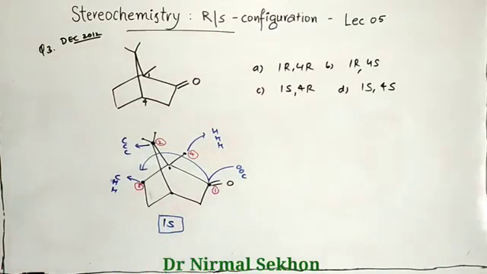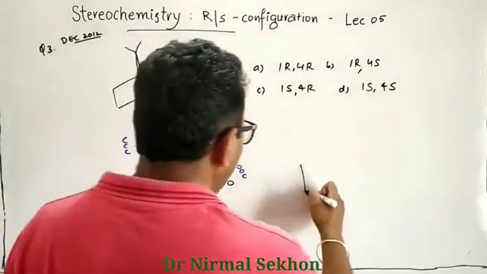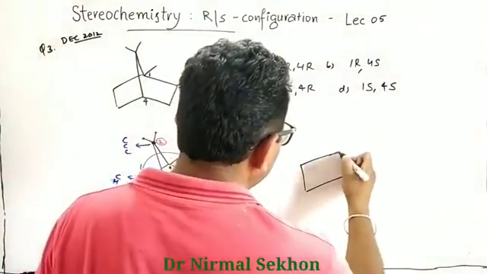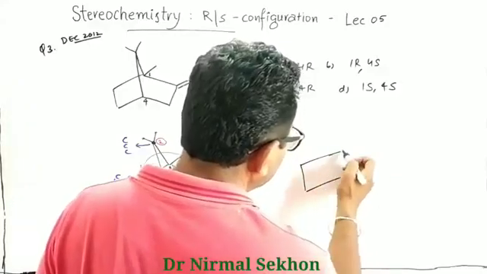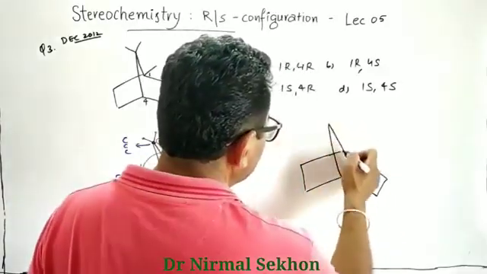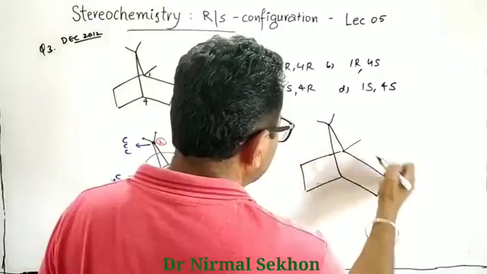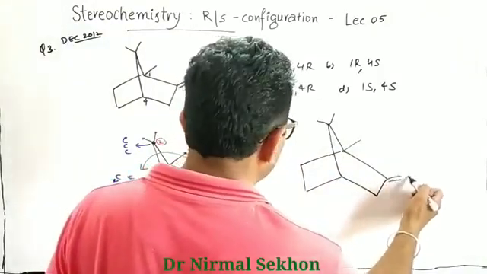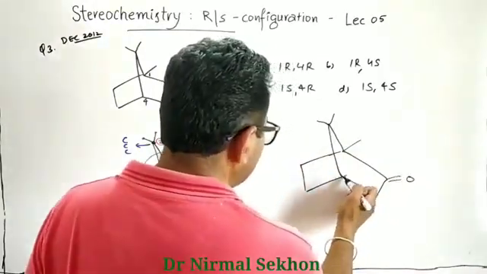Similarly, when you do it for number 4, again draw the structures. So this is your structure, here is O. Okay, now this is number 4.